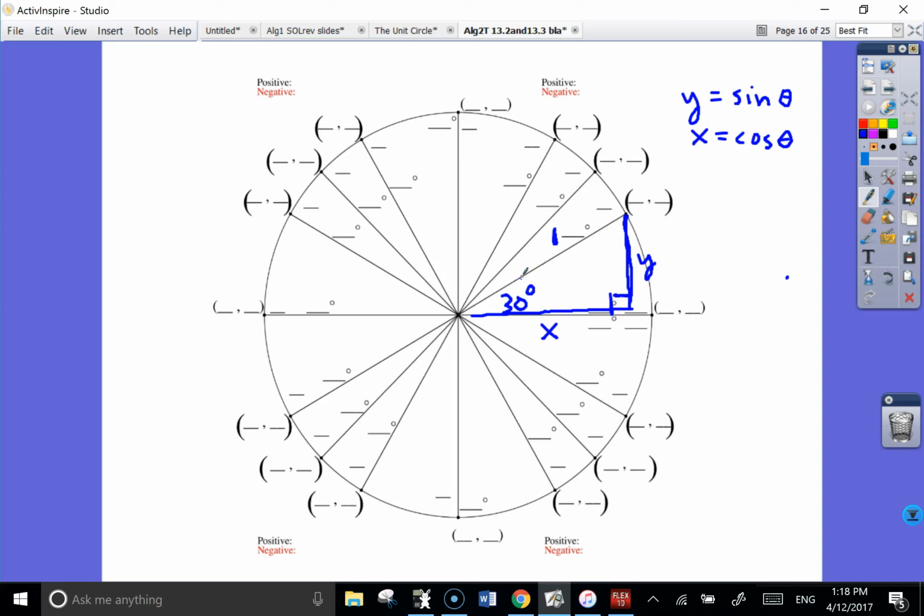Y over x, right? It's the opposite over the adjacent. So tangent equals y over x. It's made easier for the sine and the cosine because the hypotenuse has a length of 1, so you're just dividing by 1. So x equals the cosine and y equals the sine.